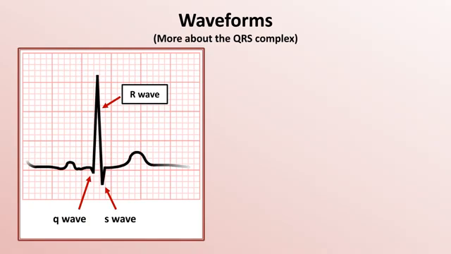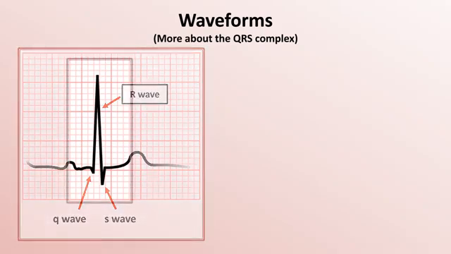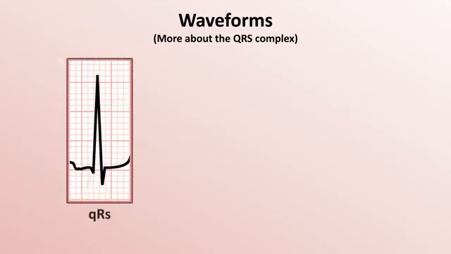First, you'll notice that in this example, the Q and S are written in lowercase, while the R is in uppercase. That is not based on whether they are positive or negative, but rather whether they are subjectively large or small. In shorthand, one could label this complex as lowercase q, uppercase R, and a lowercase s.